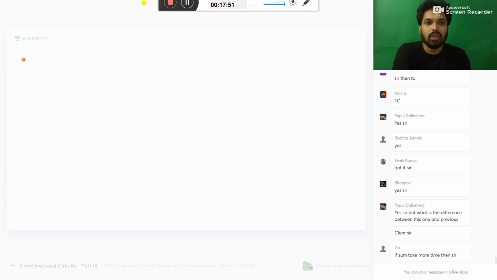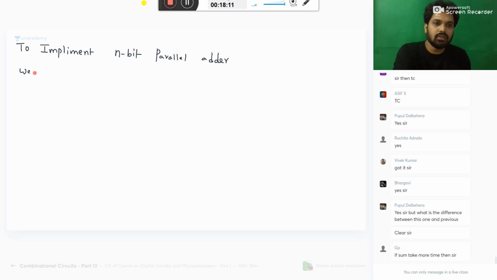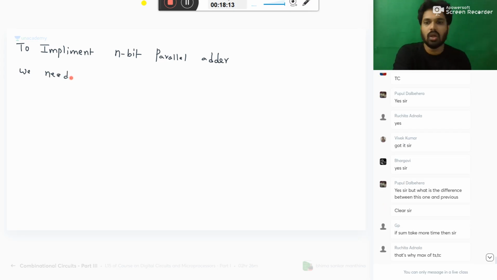Okay. So to implement n-bit parallel adder, we need how many full adders?